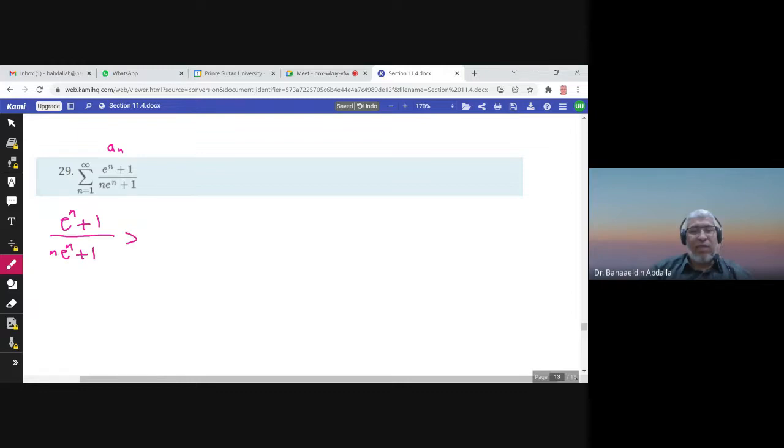I can say that this is greater than e to the power n plus 1 over (n e to the power n plus n) because 1 is less than n. So I'm increasing the denominator. So this is larger than this as a fraction. Of course, an is greater than 0 for all n greater than or equal to 1.